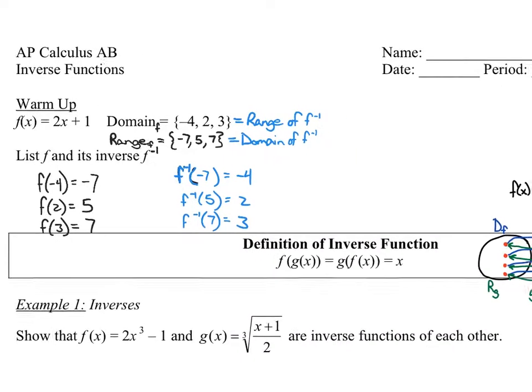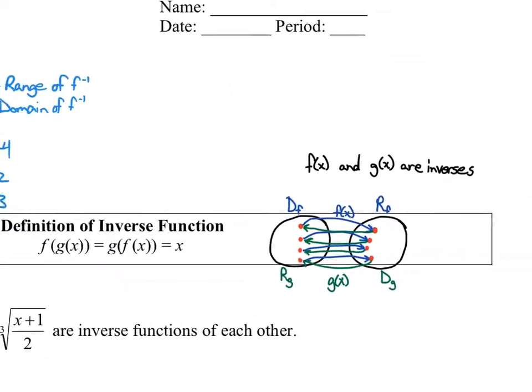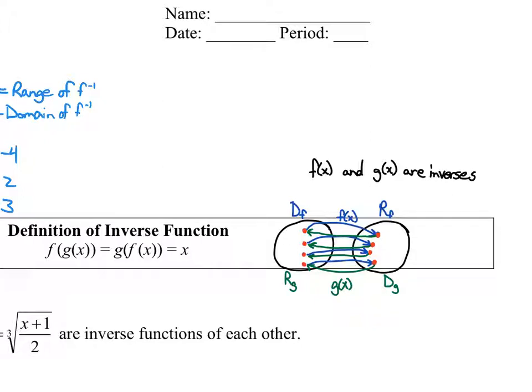Now, that brings us to the definition of the inverse function. Okay, and here's a little illustration. But this definition is important because if you're told to prove that two functions are inverses of each other, then both of these have to be true. When you do f of g of x, you need to get x.